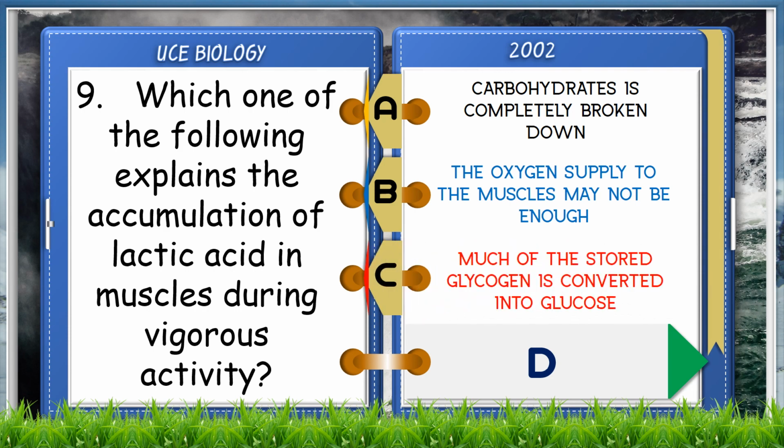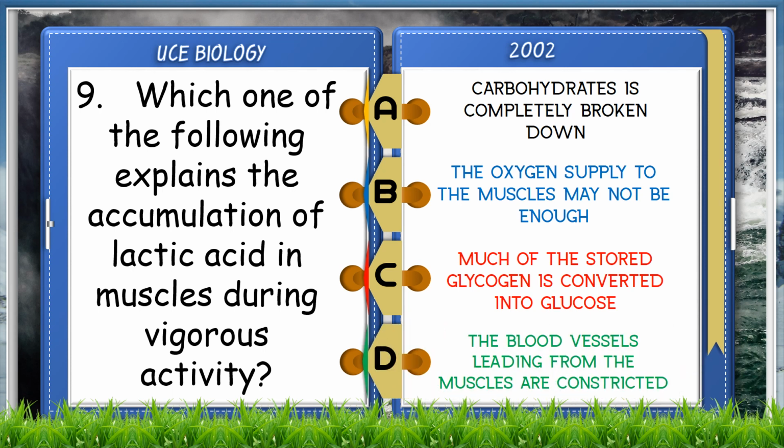C. Much of the stored glycogen is converted into glucose. D. The blood vessels leading from the muscles are constricted. The answer is B. The oxygen supply to the muscle may not be enough.